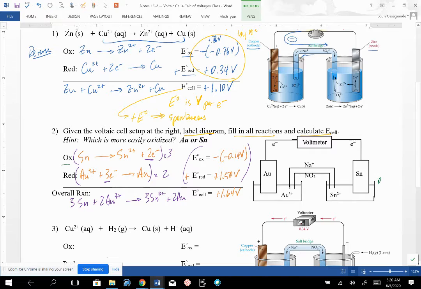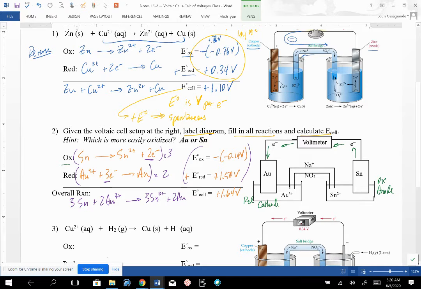So here's our oxidation reaction, which means that must be the anode. Remember, an ox. And so the reduction is the cathode. So this must be the cathode. Electrons are always going to flow out of the anode into the cathode. So the electrons are flowing in this direction.